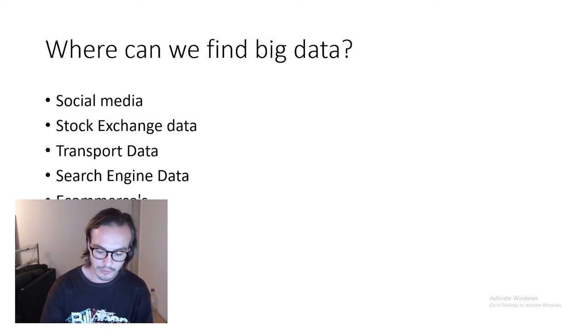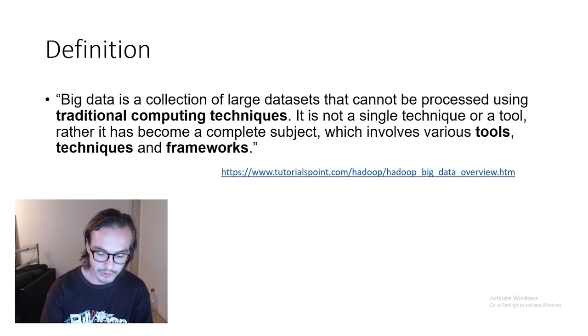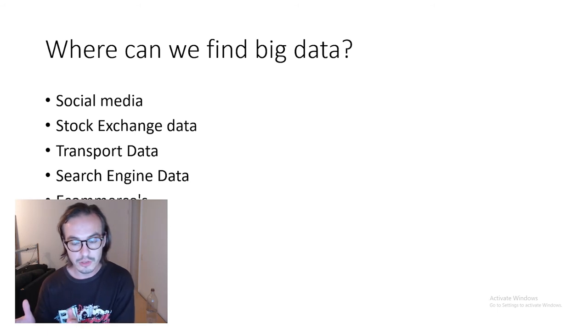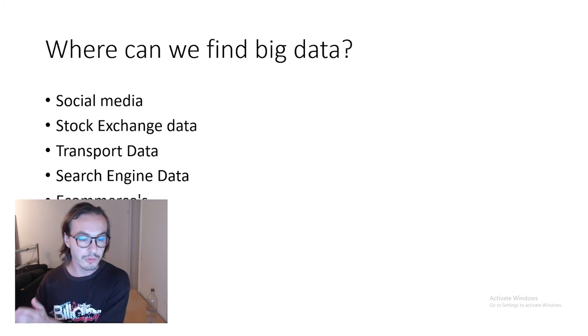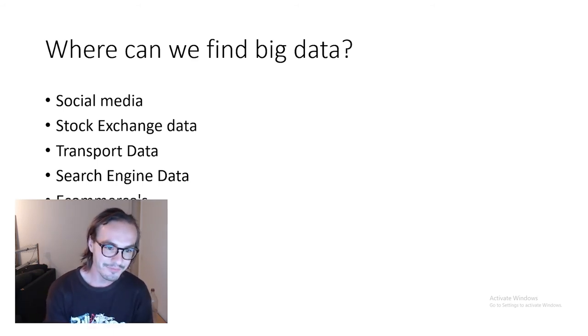So all of the 3 V's are fulfilled, but also from the first definition, we know it can't be done with traditional computing techniques because it can't be done on a single computer. You need to use these new techniques with Spark and Hadoop, where you divide data across a lot of computers, not just 10, but a lot more.